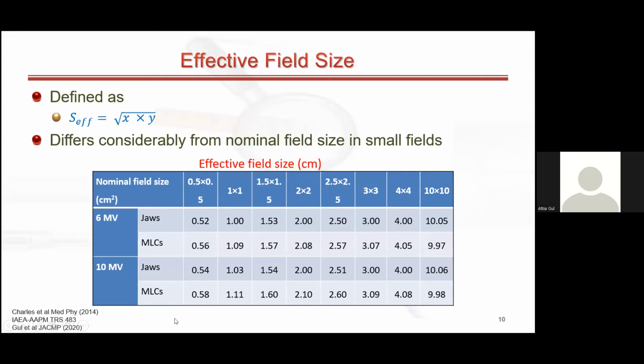As in this study published in 2020, we can see that for a nominal field size of 0.5 by 0.5, the effective field size was much different when it was made with MLCs, and the same is the case with 10 MV, but it is not very considerable for larger or broad fields.